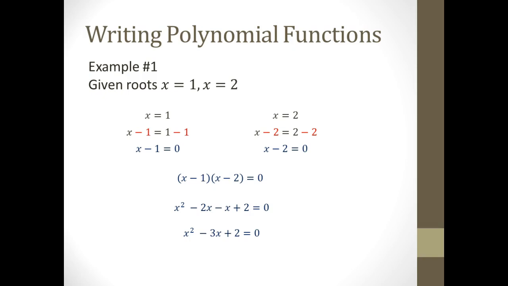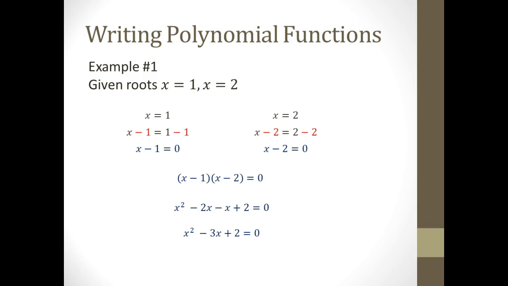So I had 2 roots, and now I have 2 factors. I'm going to multiply those 2 factors together, and I used FOIL to do this. x times x is x squared, x times negative 2 is negative 2x, negative 1 times x gives me negative x, and negative 1 times negative 2 gives me positive 2.